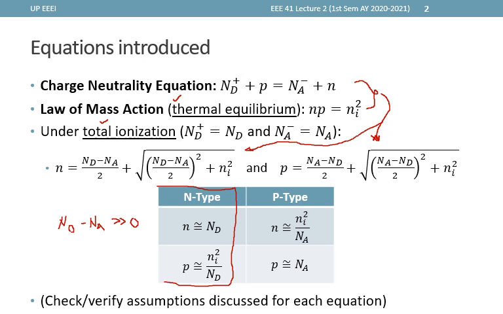And also, Nd minus Na must be much greater than ni.